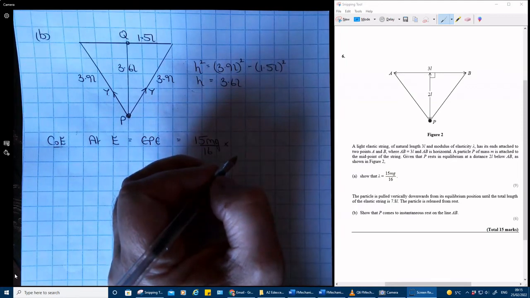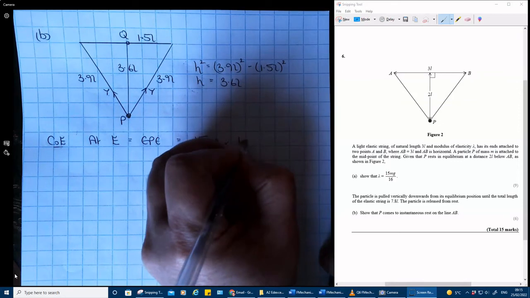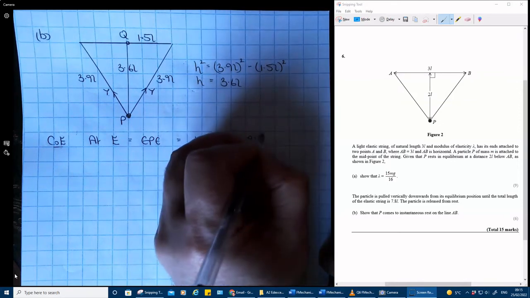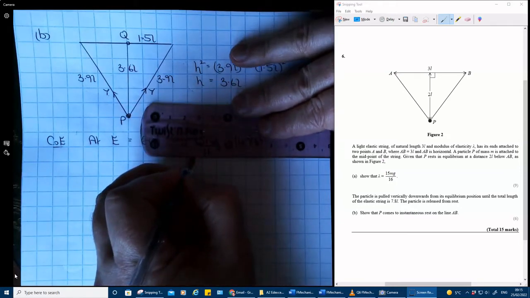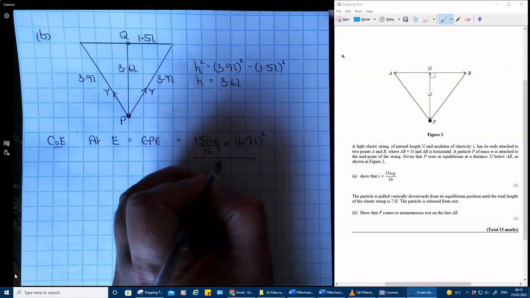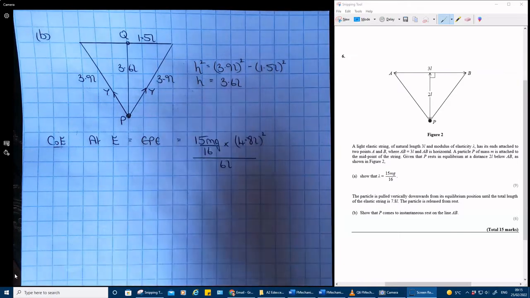Well, the string is now 7.8, natural length is 3, so it's 4.8 L squared over twice the natural length, and natural length is 3L, so this gives me 6L.